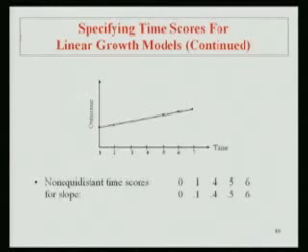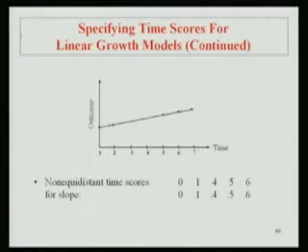All you need to do is reflect the fact that you didn't measure at times 3 and 4 in your time scores. So let's say time 1 is 0 and time 2 is 1. So 0, 1. You would have had 3 would be 2 and 4 would have been 3. Just skip those and then just have time scores 4 for 5, 5 for 6, and 6 for 7.